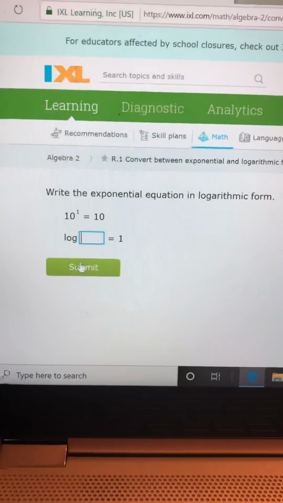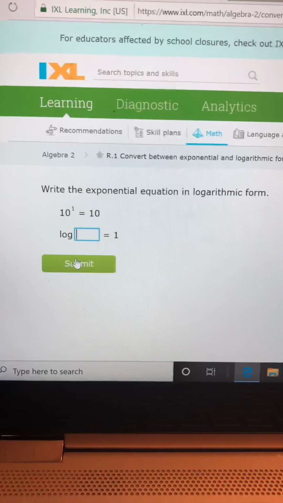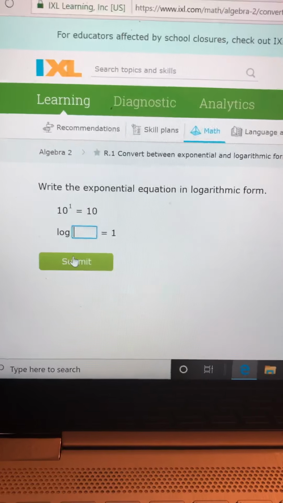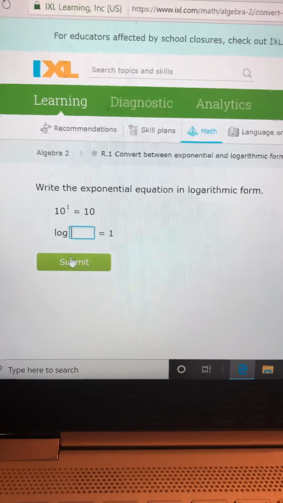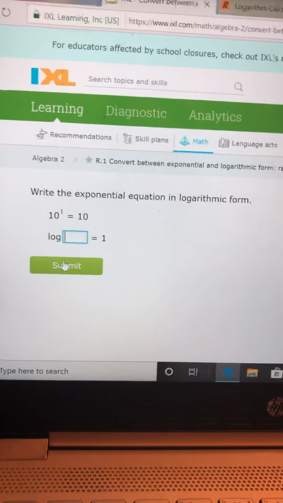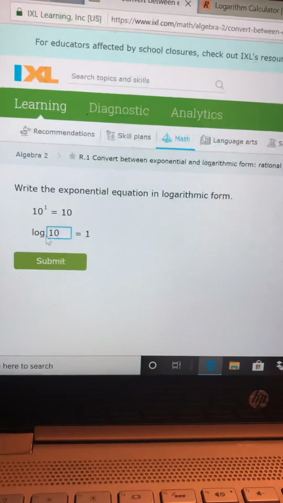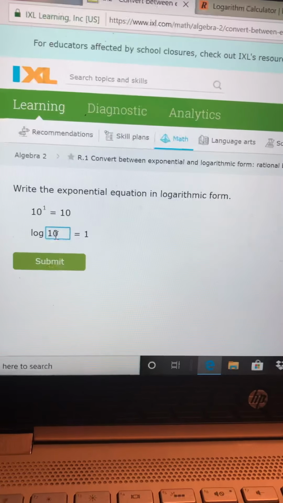That's why, like on your graphing calculator, there's a button that says log on the front screen, and then there's also one that says log base. The one that says log on the main screen really has a little 10 beside of it as the base. So here, there is a little 10, and then a big 10 goes here. That means 10 to the first power equals 10.